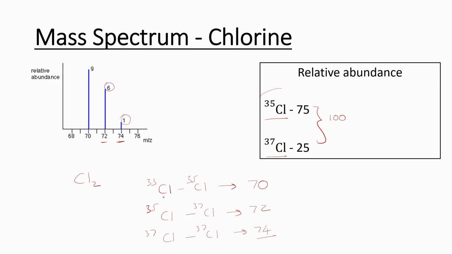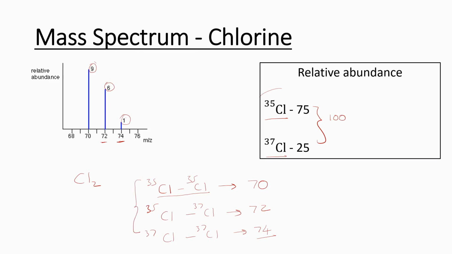Now, the most abundant is going to be Cl2 where both atoms in the molecule are Cl35, and that's going to be 9. So you always see in a mass spectrum of Cl2 the 9 to 6 to 1 ratio, where the relative abundance of 9 is a mass of 70, relative abundance of 6, mass of 72, relative abundance of 1, mass of 74. And this is why, and we need to revise this, it's best to memorize this so we can explain this in an exam.